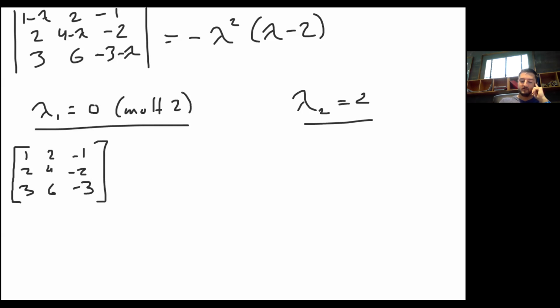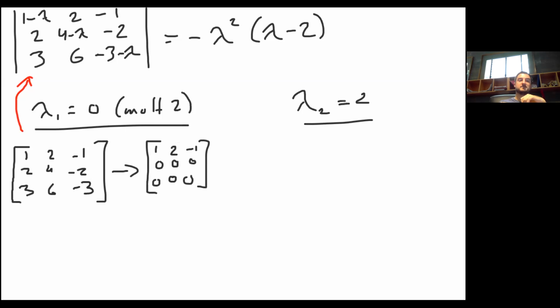It doesn't look like I'm doing much, because I'm letting lambda be 0 in that matrix above. If I row reduce this, it's just going to end up being the matrix 1, 2, -1, and then all 0s, because the second and third rows are just multiples of the first.